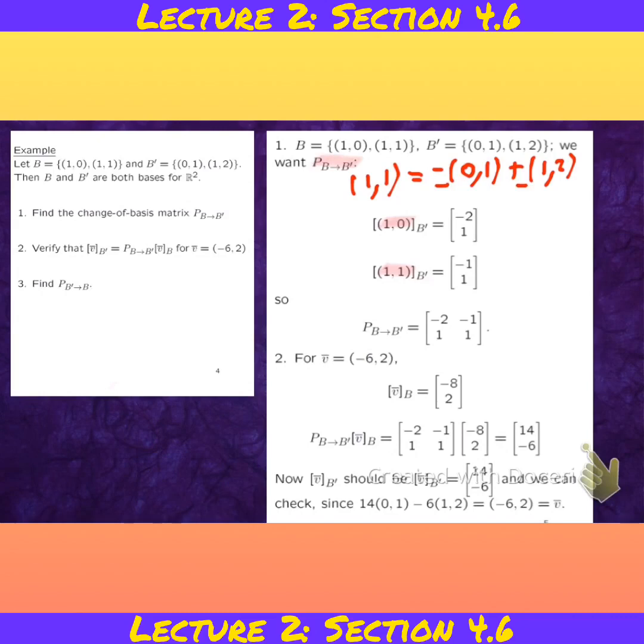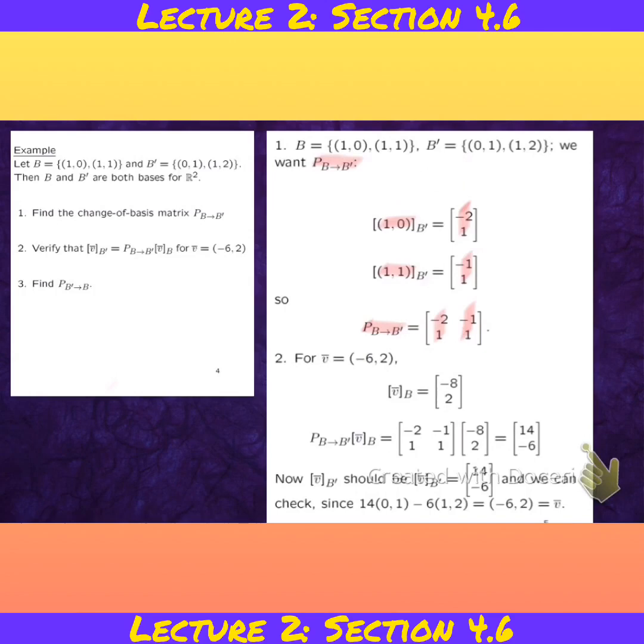And there we have our column vector (-1, 1). The change of basis matrix is now the matrix that you find by making your columns these coordinate vectors. Okay, so there are my coordinate vectors. And that gives us the change of basis matrix. So that answers the first question.